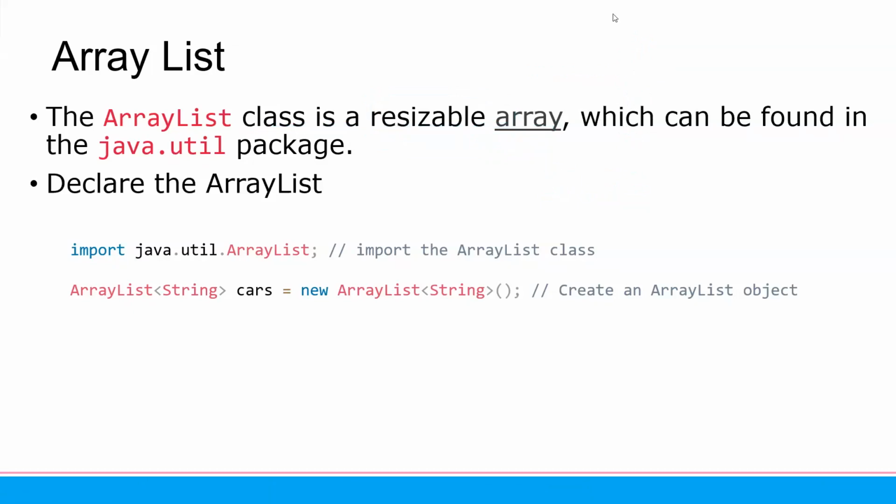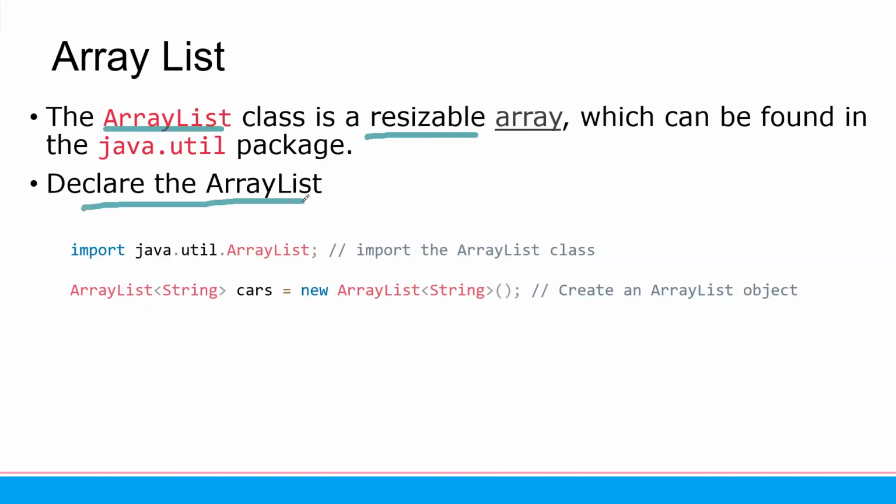Array list is different. In the array list, it is resizable, so you do not need to set up the size. You can just use the list and then use any data or any elements that you want to use.